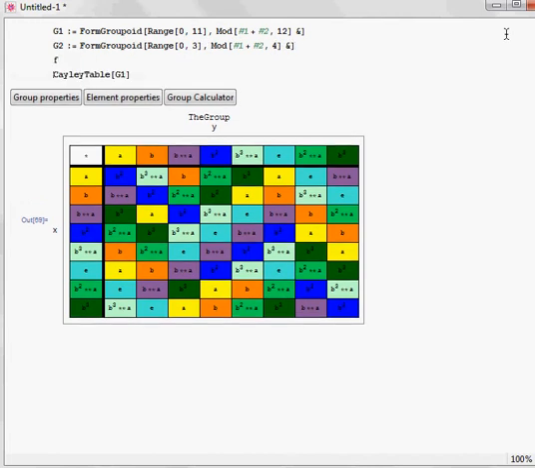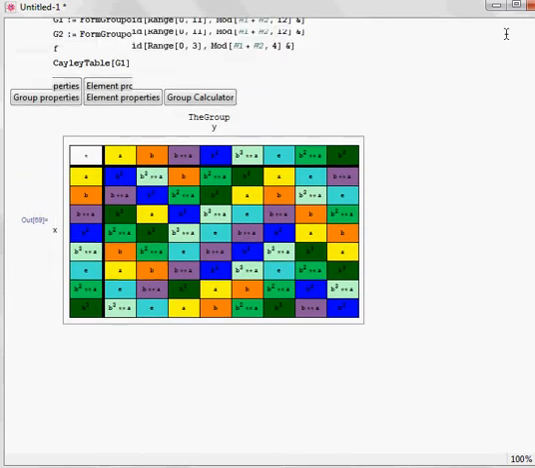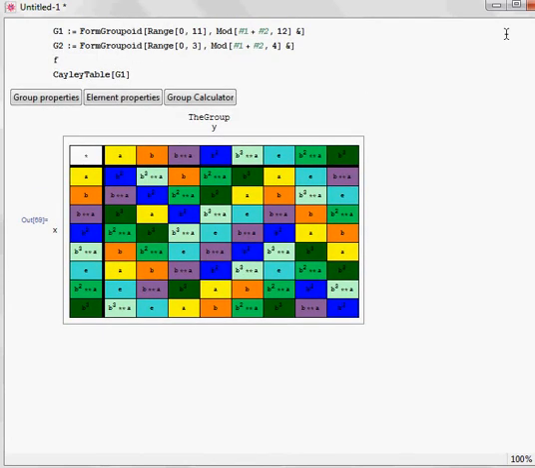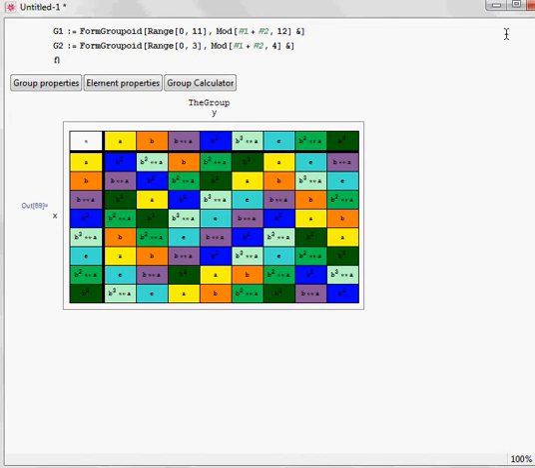And then I'm going to create a morphism.